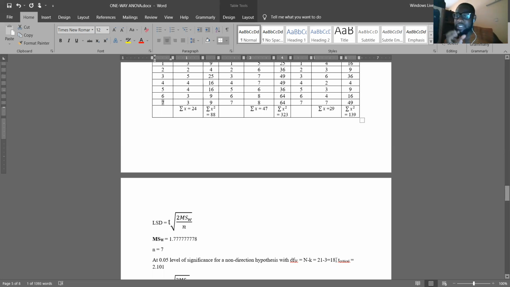So it means we've been able to deduce these 3 key things. Our level of significance is 0.05. Our hypothesis is non-directional. And our degree of freedom is 18. So definitely we can find the T critical that we want. And to solve for any critical value, you know how to do it.